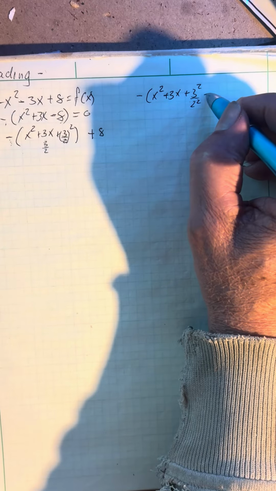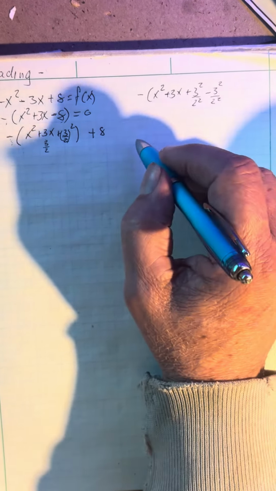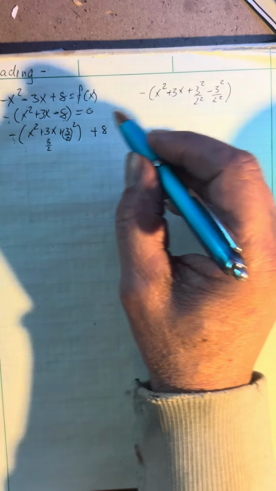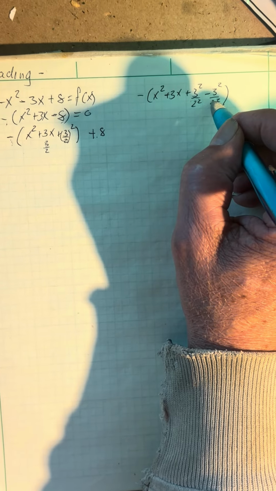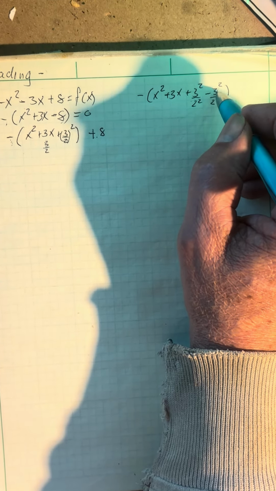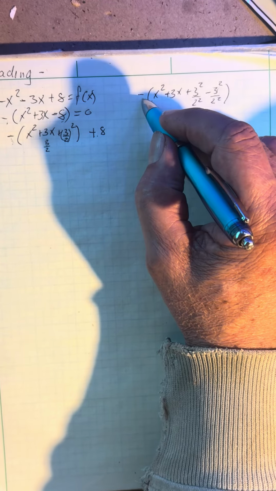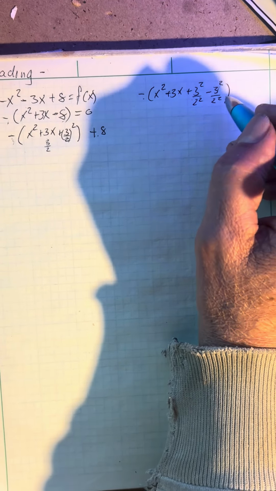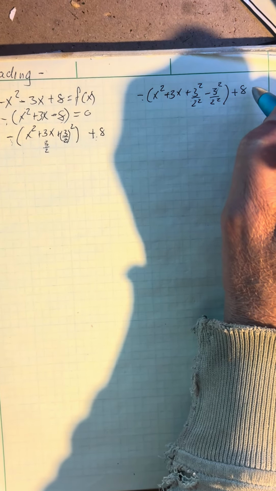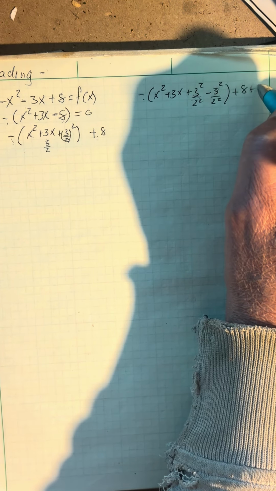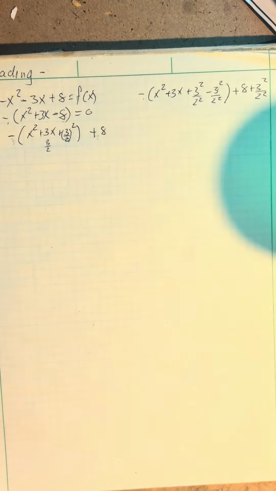So we must also subtract the same amount. As we did with the 8, we do with the 3 halves squared. We multiply by -1 and put it outside, and like with the 8, it changes sign. So we will have plus 8 plus 3 halves squared.